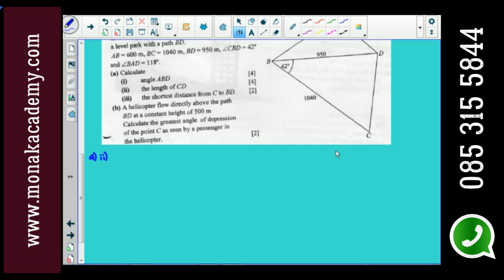Okay, so your cosine rule, a squared equals b squared plus c squared minus 2bc cos A. All right. In this case, we want CD squared.